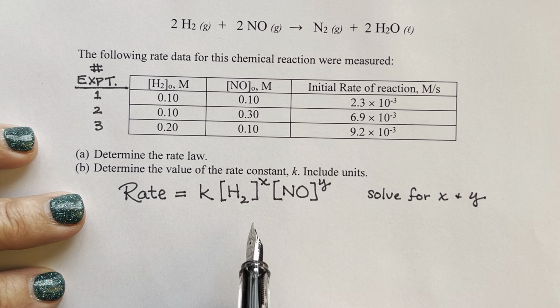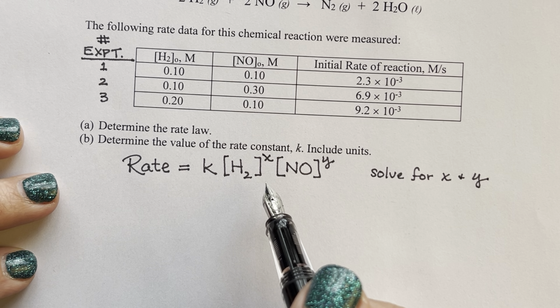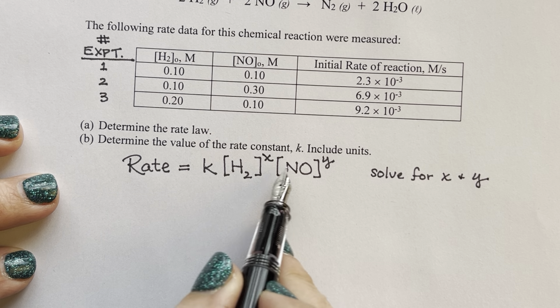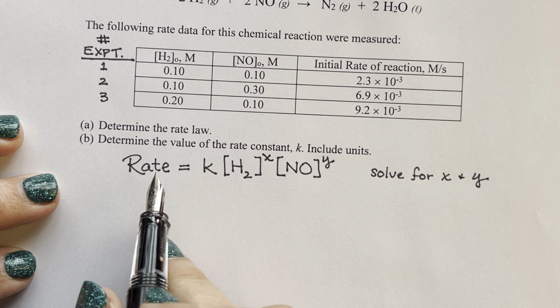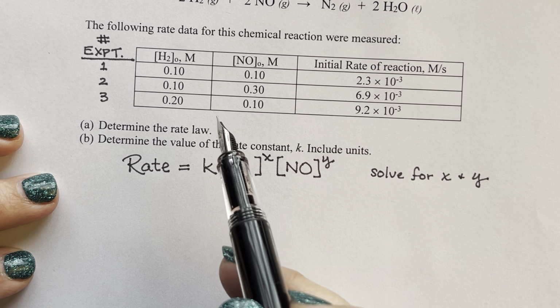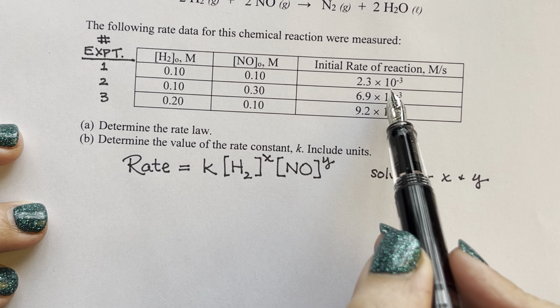The way we can do that is by carrying out a pretty neat algebraic trick: if you have an equation, and I know they're equal to each other, and another equation, you can divide those equations by each other. This is going to be helpful because we're going to have two different rates for two different experiments.